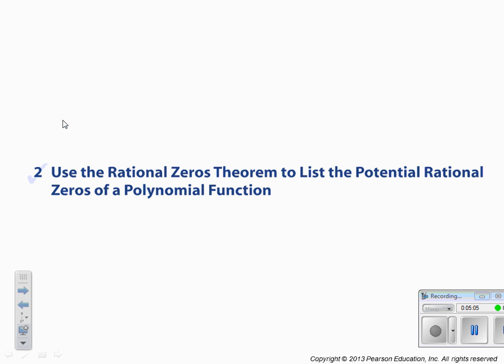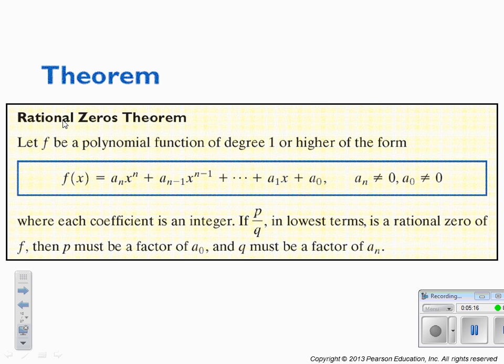Easy. The next learning objective, we're going to use the rational zeros theorem to list potential rational zeros of a polynomial function. So these are just possible zeros.